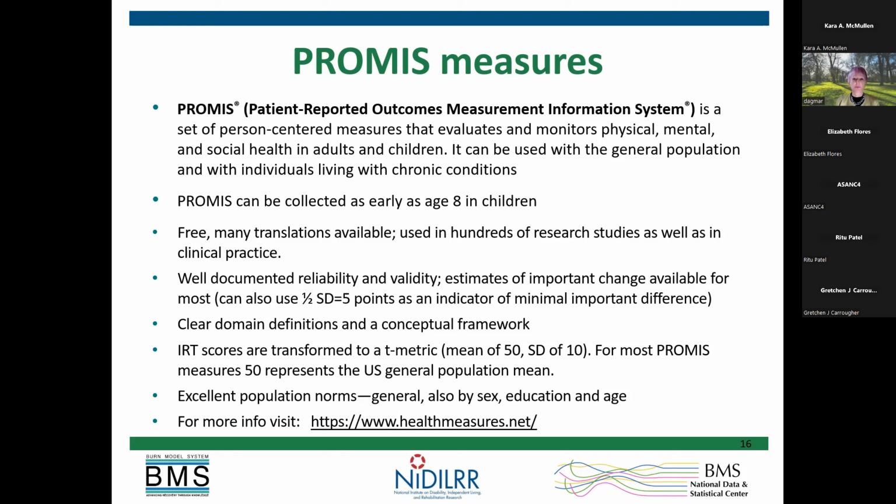And they were specifically designed to be meaningful to assess health in both the general population as well as people living with chronic conditions and disabilities. PROMIS can be collected from children as early as age 8. There were some efforts to validate them for earlier ages, but in general, we start at age 8.